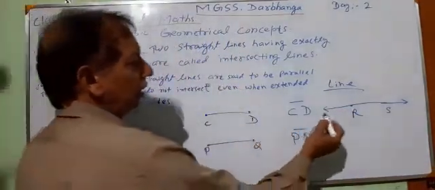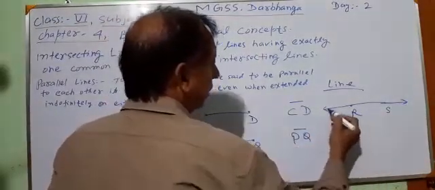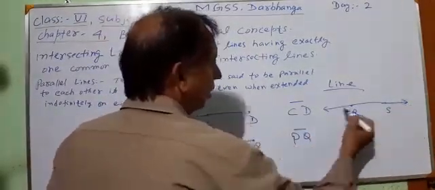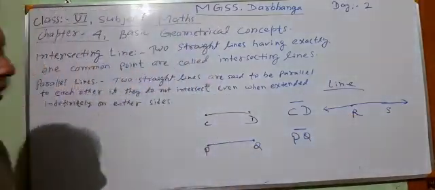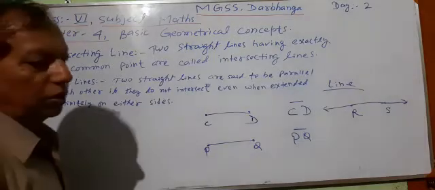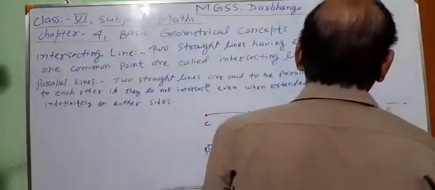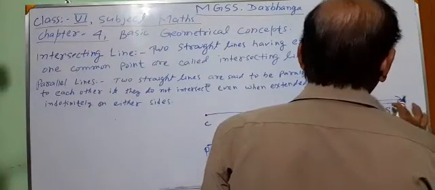Indefinitely means it has no end point on both sides, on the right side and on the left side. We shall extend it indefinitely in both directions. Then we shall get a line.